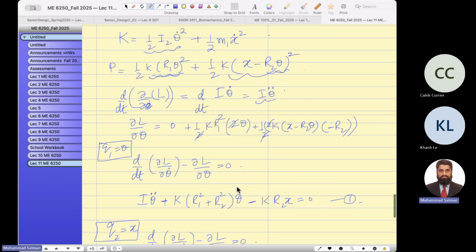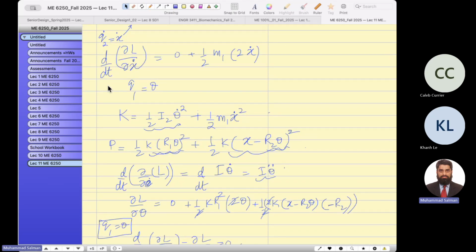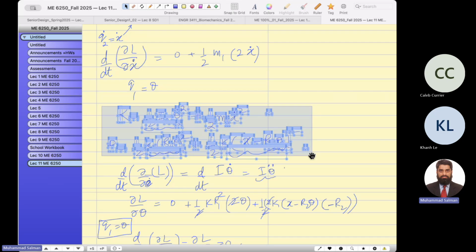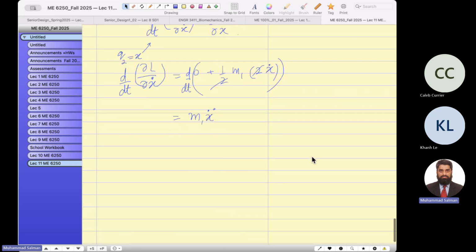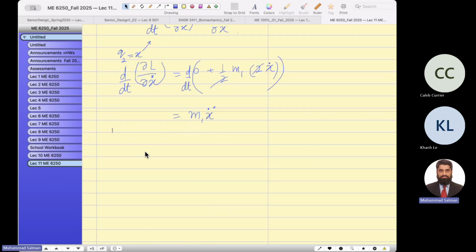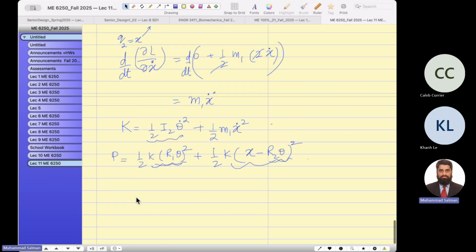Let me bring the K and P. They are the major things which we have to partially differentiate and then take the time derivative. So this is my K. I did the partial by partial x dot, so this term goes to 0 and this term is this answer. You agree with your professor? And P, you don't have an x term, so don't worry about the potential energy here.